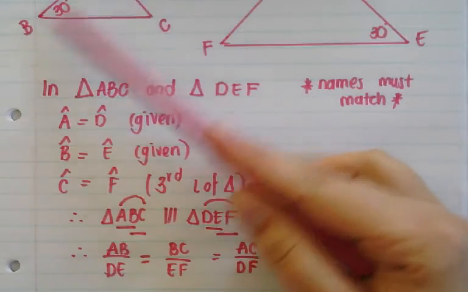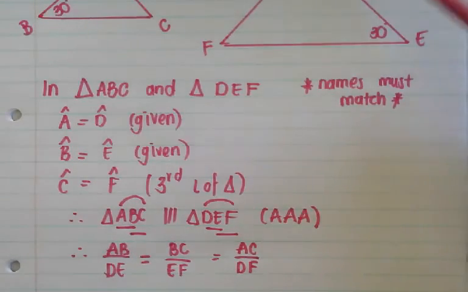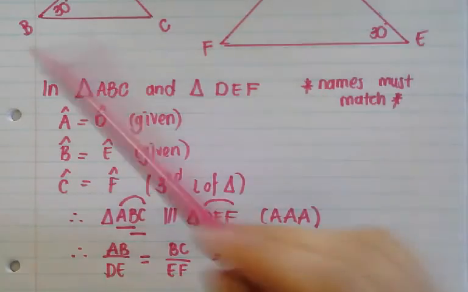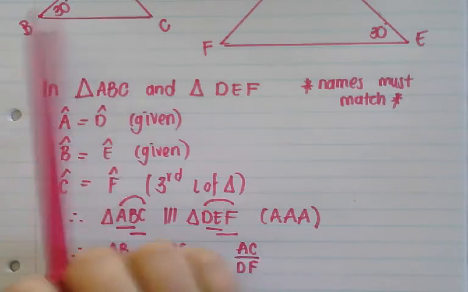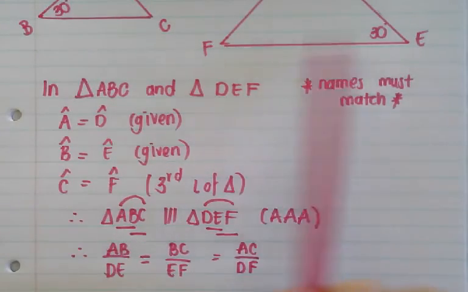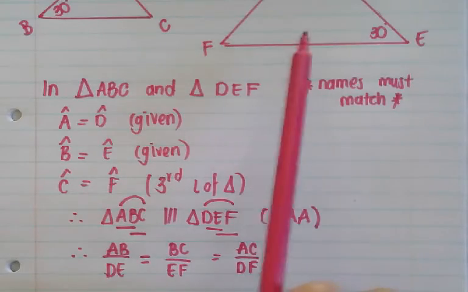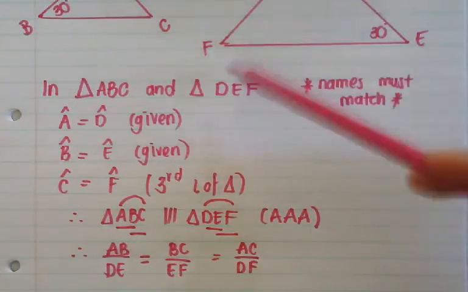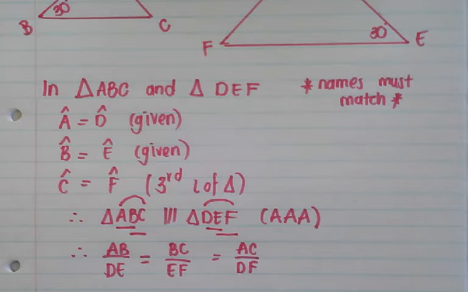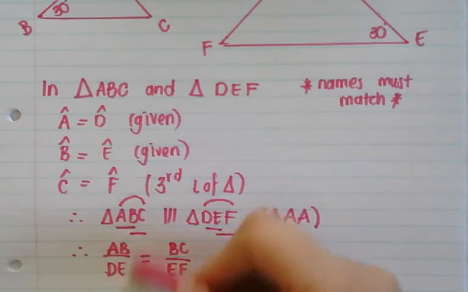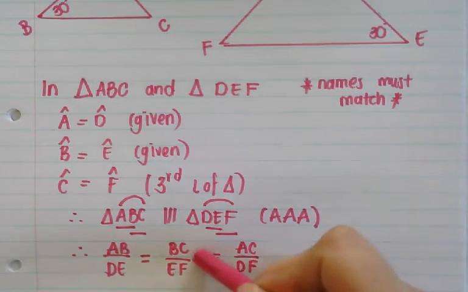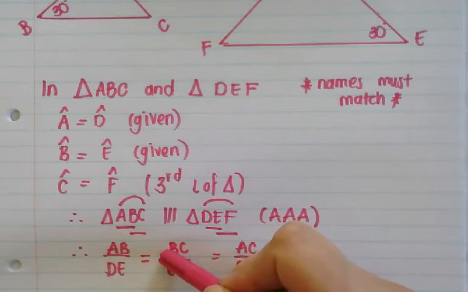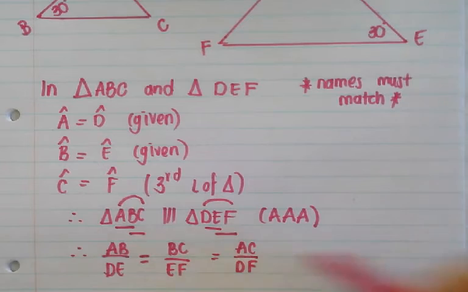AB, which is the 80-30 line, DE is the 80-30 line. 30 blank is the BC, 30 blank is the EF, and 80 blank is the AC, and 80 blank is the DF. So they are matching and corresponding. That means that this fraction once simplified equals this fraction once simplified is equal to this fraction once we have simplified.